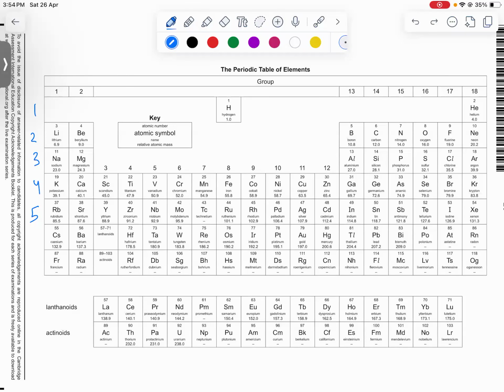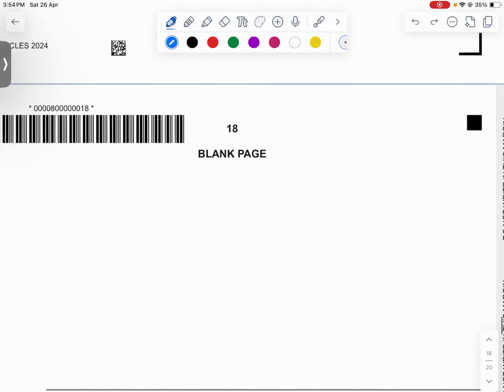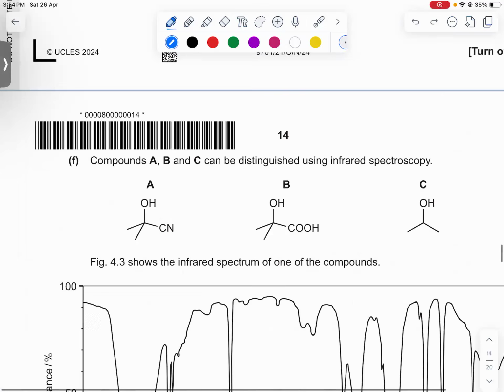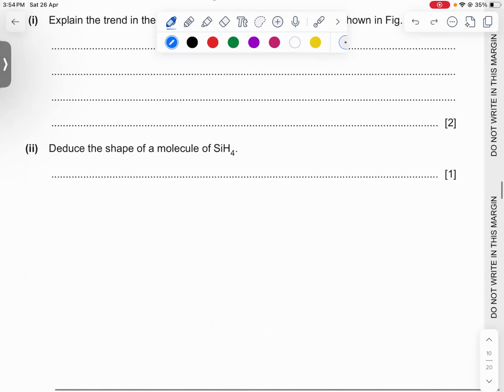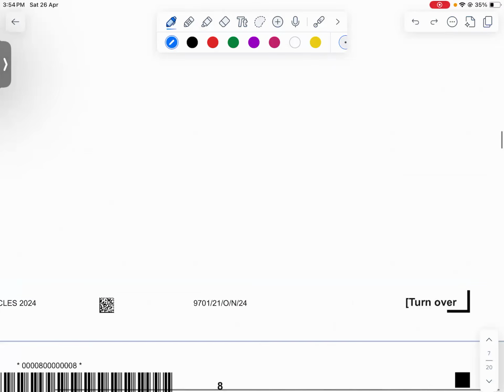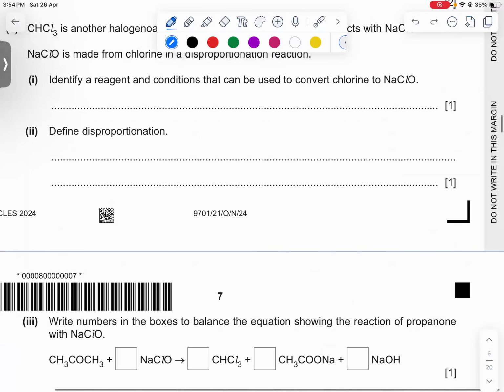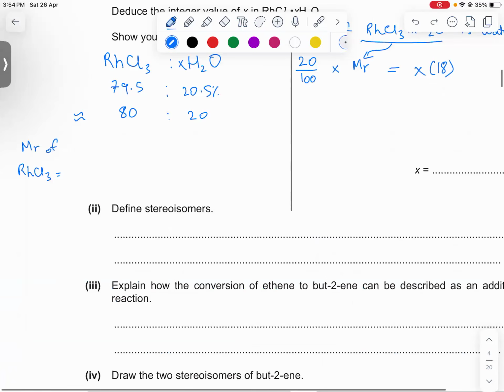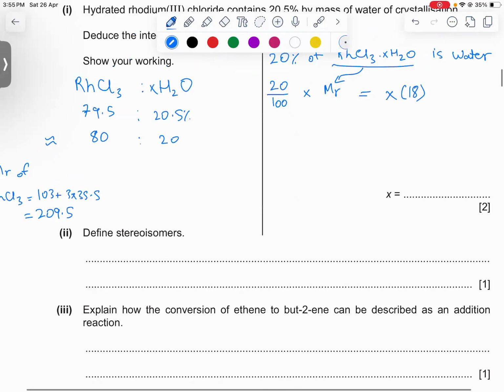And Cl is 35.5. So Rh is 103 plus 3 multiplied by 35.5, which is 209.5. So the mass of RhCl3 is 209.5.